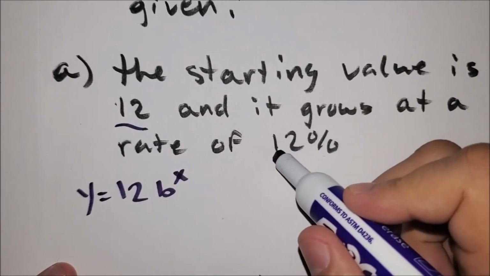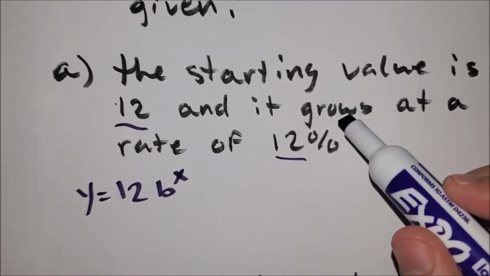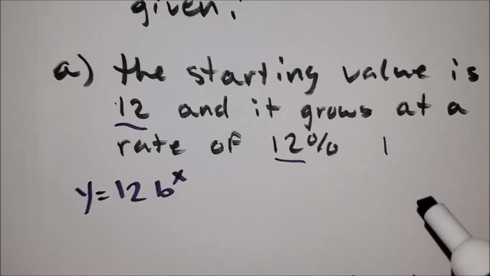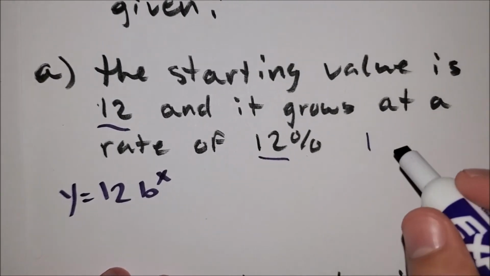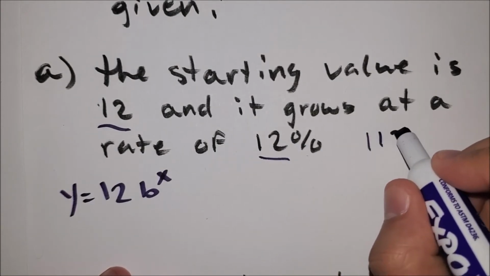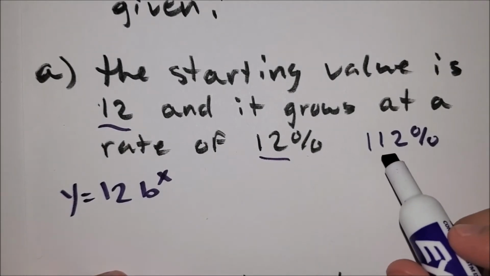So to find our b, we look at this growth rate. It says it grows rather than decays. So that means that we're going to increase it by more than 1 each time. And since we're going up 12%, this means that we're multiplying by 112% each time.